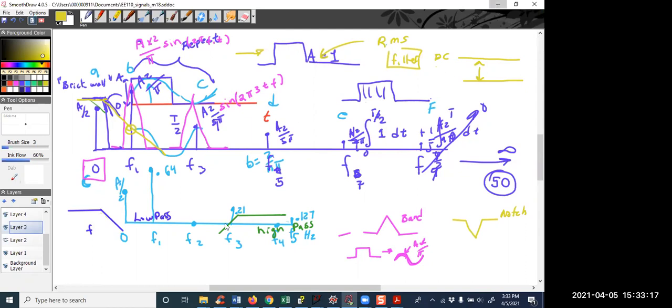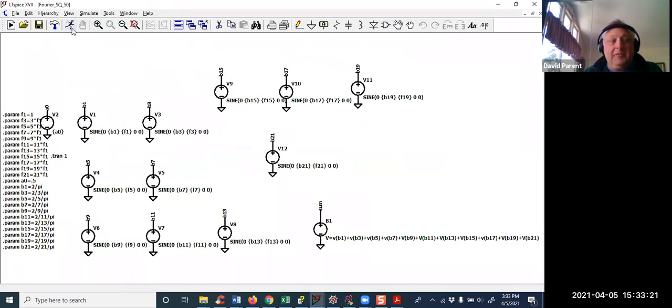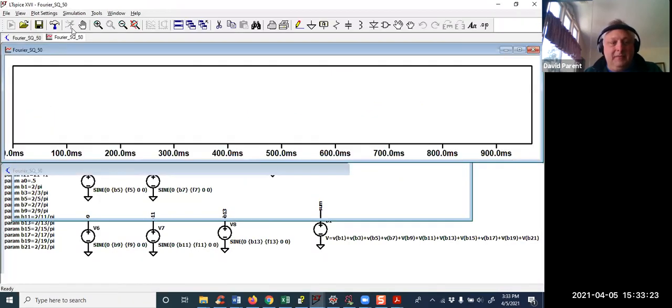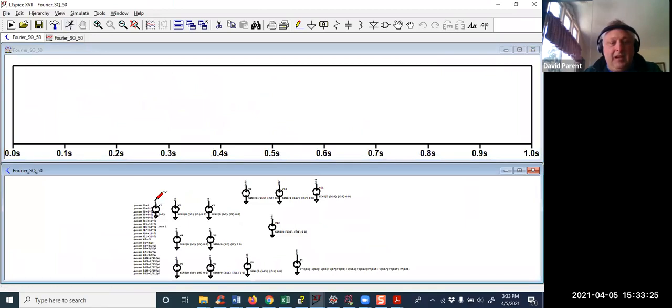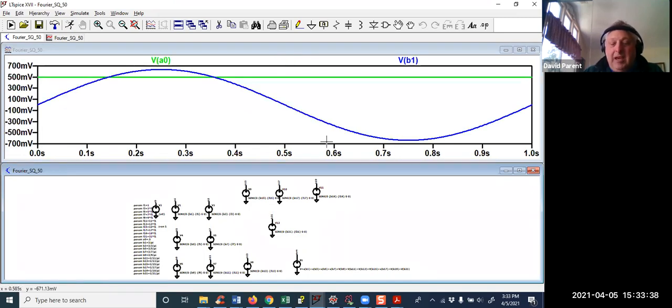So anyway, here's the file, right? So here's A naught. If I were able to make that perfect filter, that'd be A naught, right? But then, let's say I wanted to do B1, that band pass, right?